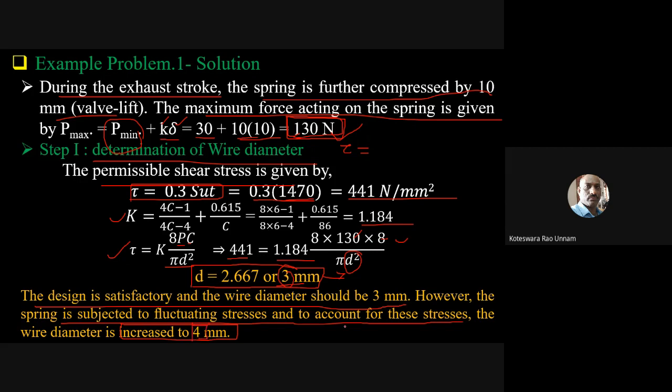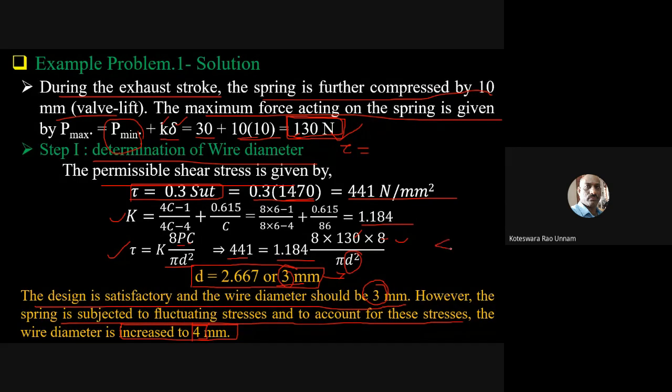That may be the question. If you have that doubt, then you can go along with 3 mm only. You take the 3 mm, do all the calculations, and check the fatigue stress concentration factor and the factor of safety.